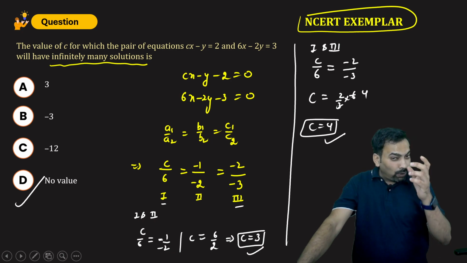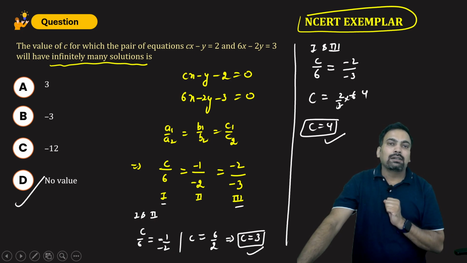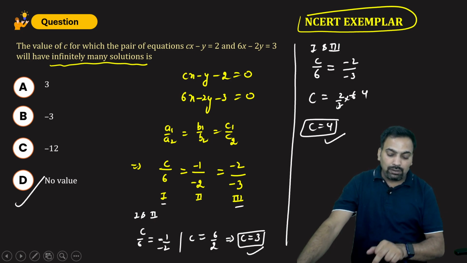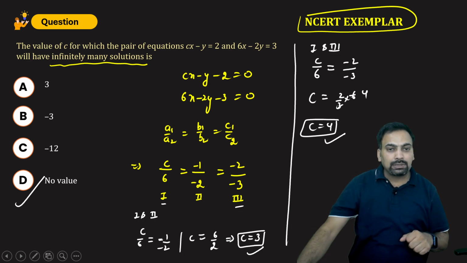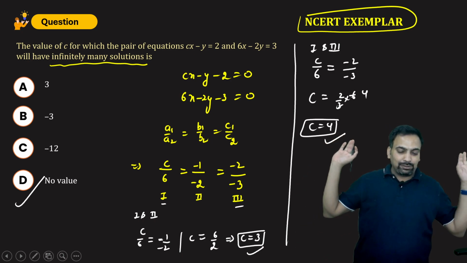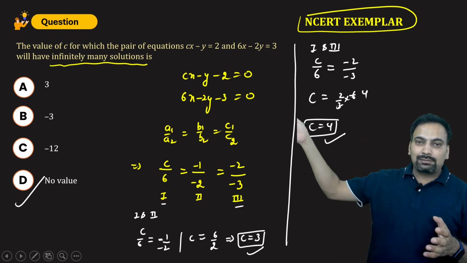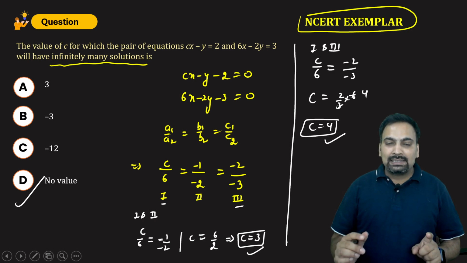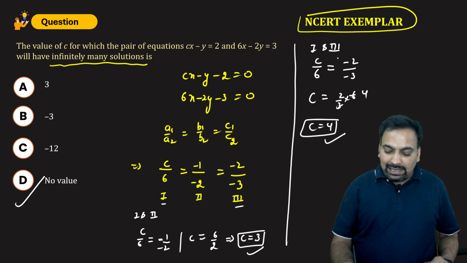So basically the mistake students make is they find from first and second the answer 3, look at the options, see 3 is present, think we are right, and move on. Don't be in a hurry. Check also second and third.